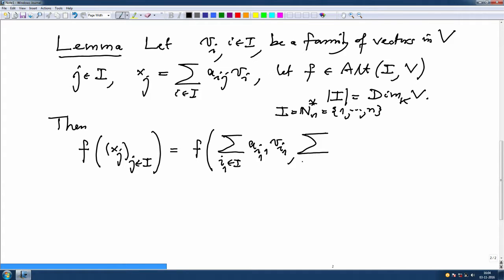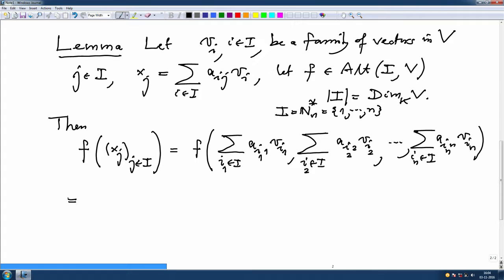Similarly, x2 is a i2 2 V i2, and so on, up to a in n V in. And now we use the fact that F is multilinear. So, all these a's will come out, and this sum will run over all the tuples i1 to in in I power n.